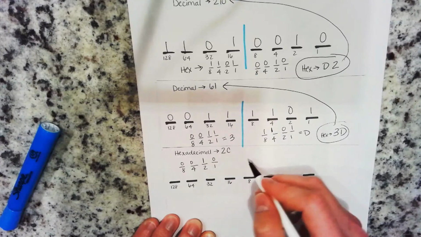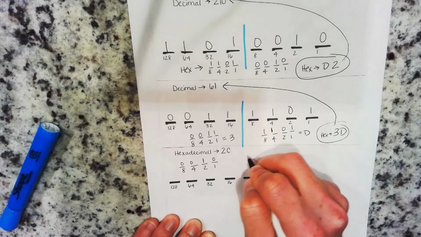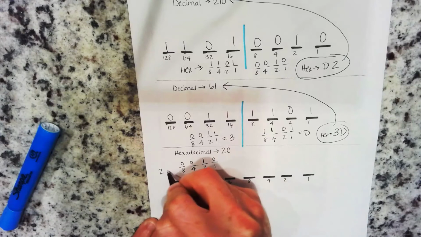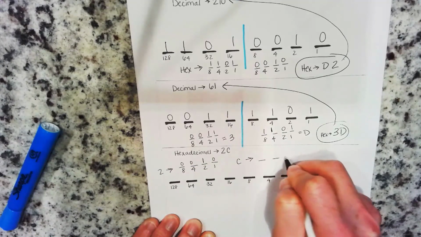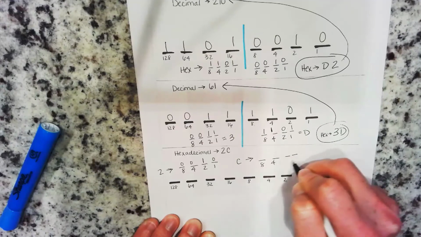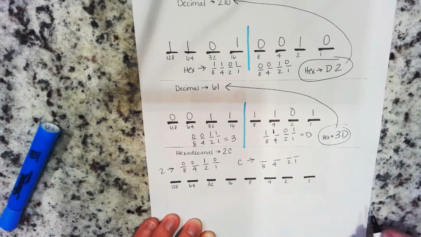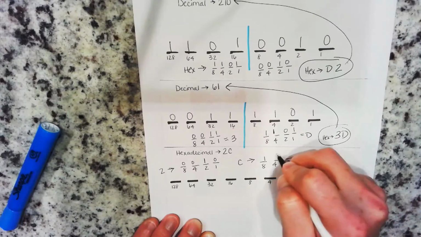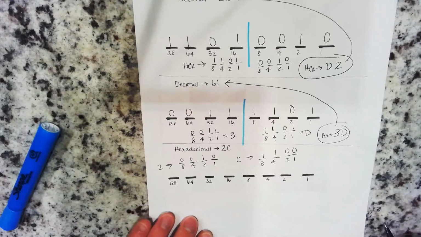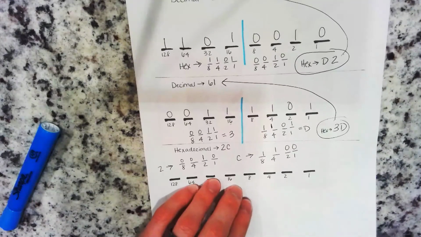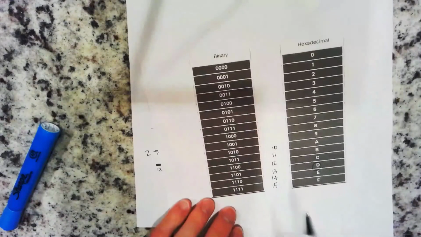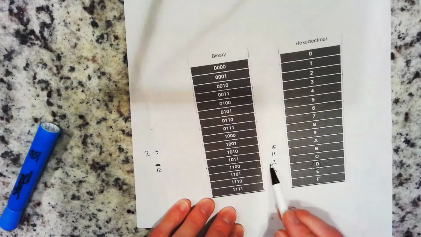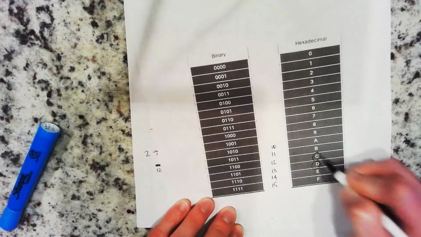To do a C, with 8, 4, 2, and 1, I'm going to do 1, 1, 0, 0, which would equal 12. But again, you can consult your chart here. I'm looking for 1, 1, 0, 0, and that is 12, or C.